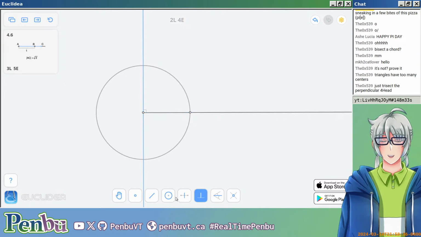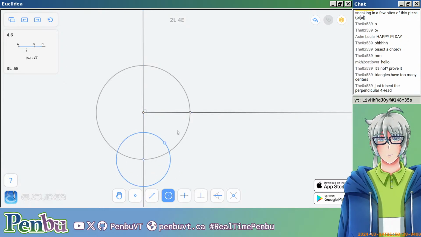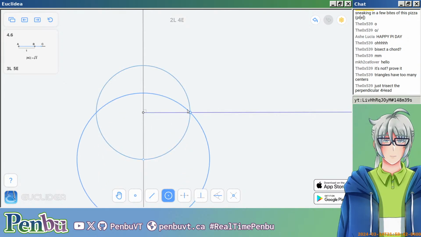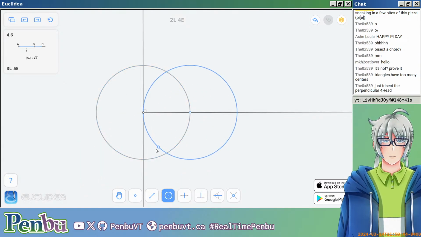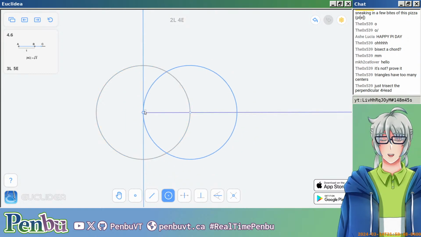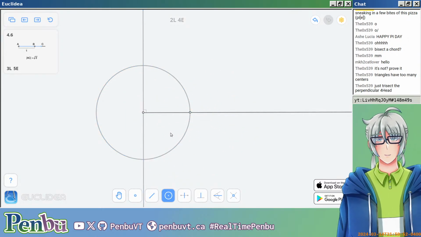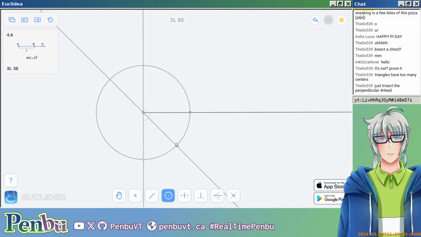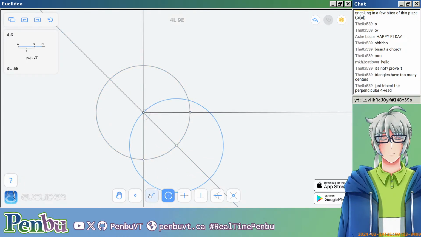So last time we dropped it perpendicular. Oh, that's too far. We need something smaller. This is 45 degrees. And this one we did earlier. This gets us to 4.